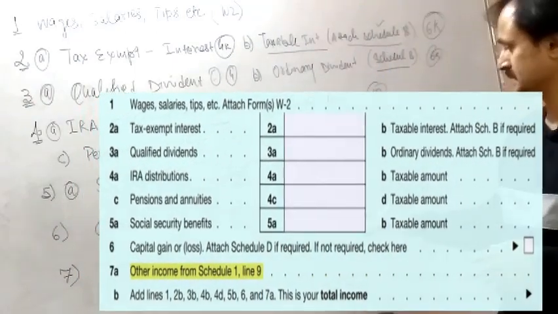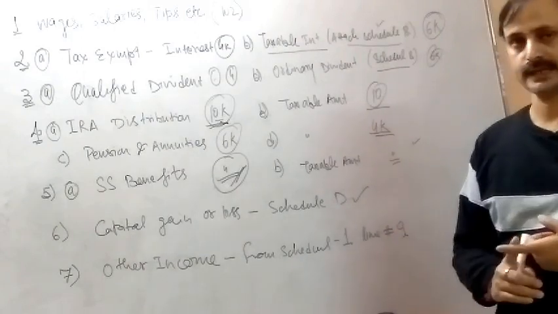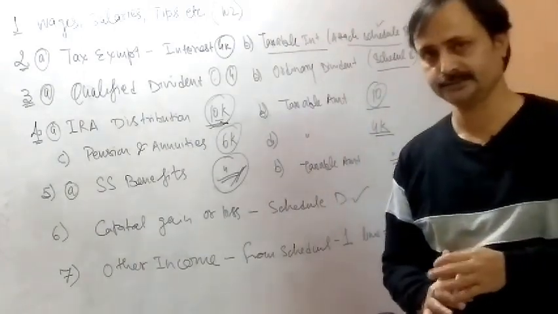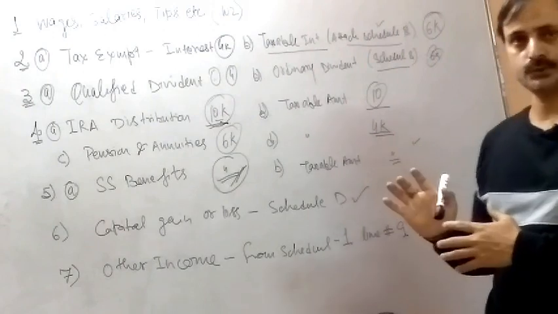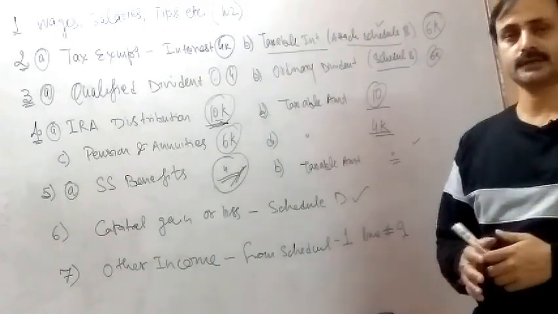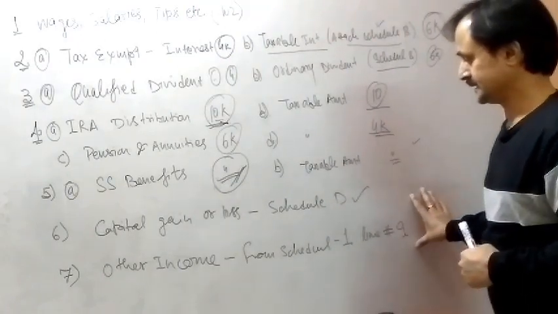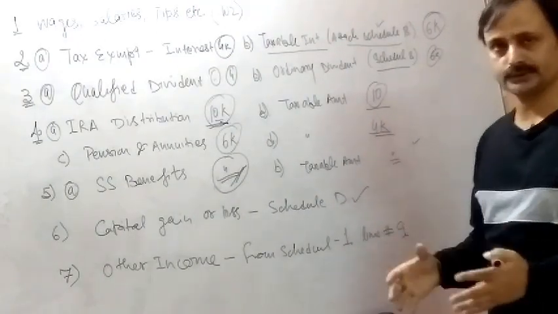All those incomes have been shifted from this page to Schedule 1, as I told you in my last session, right? So we will go to Schedule 1, look at what those incomes are, and then continue with this tax return and see how to calculate those incomes.